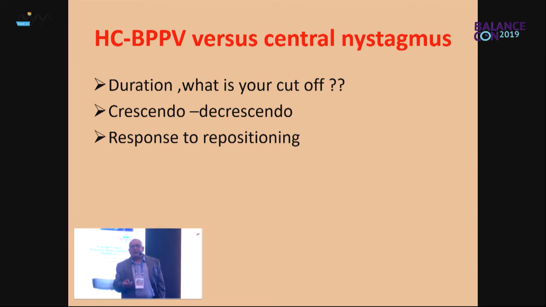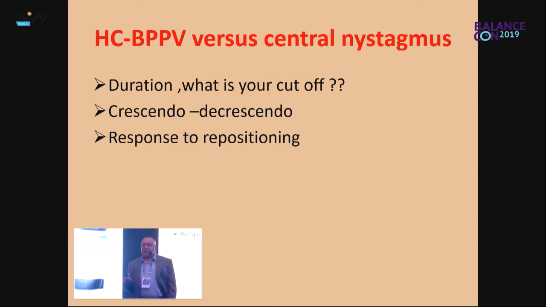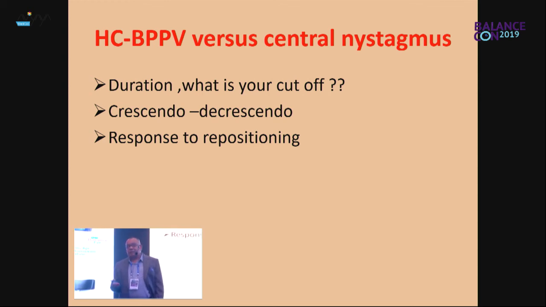So what parameters can you use to know whether it's peripheral or central? First, the duration of nystagmus. We read in the books transient, persistent, prolonged. So what's your cutoff point for the duration of nystagmus? 2 minutes? Else? 3 minutes?